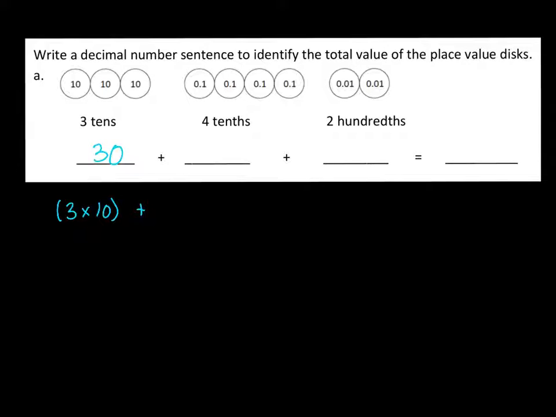We have 4 copies of a tenth, which would give us 4 tenths, plus we've got 2 copies of 100ths, which would look like this, 0.02.